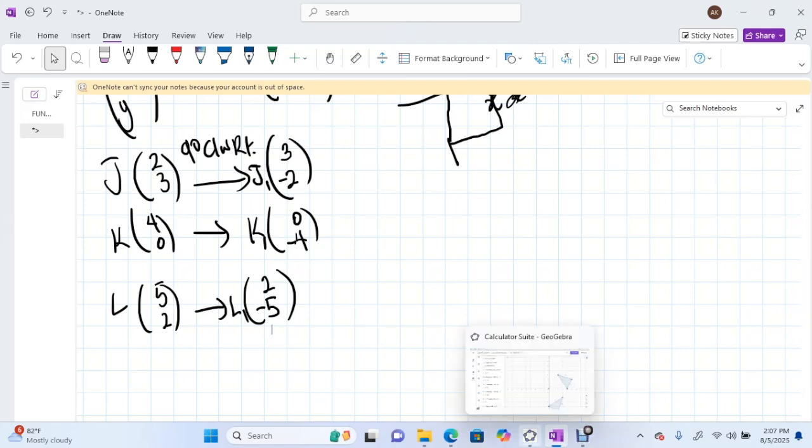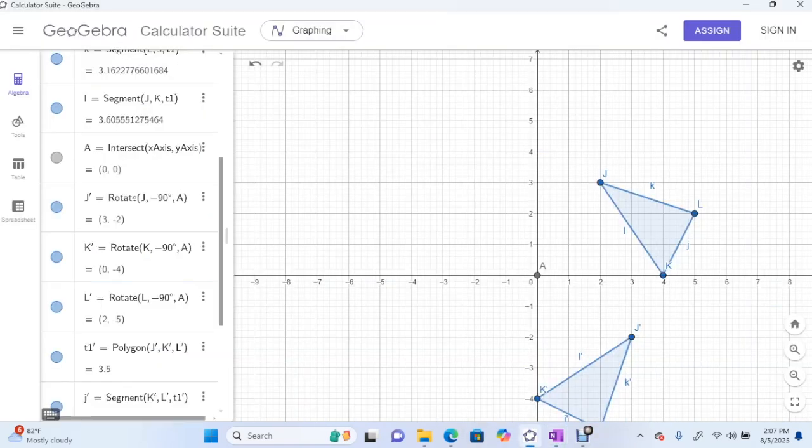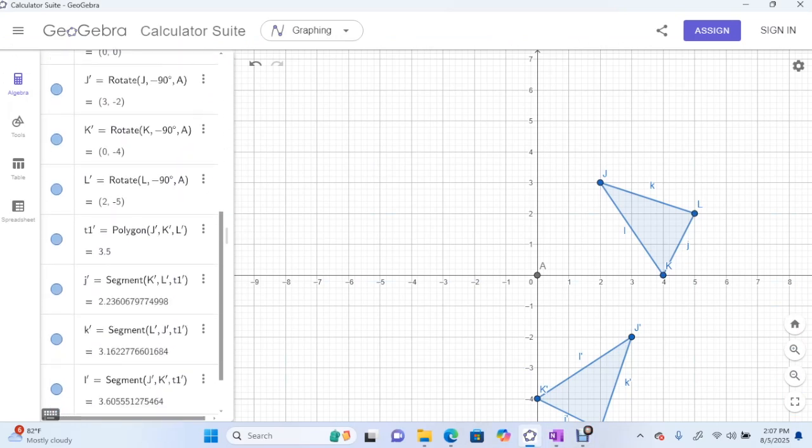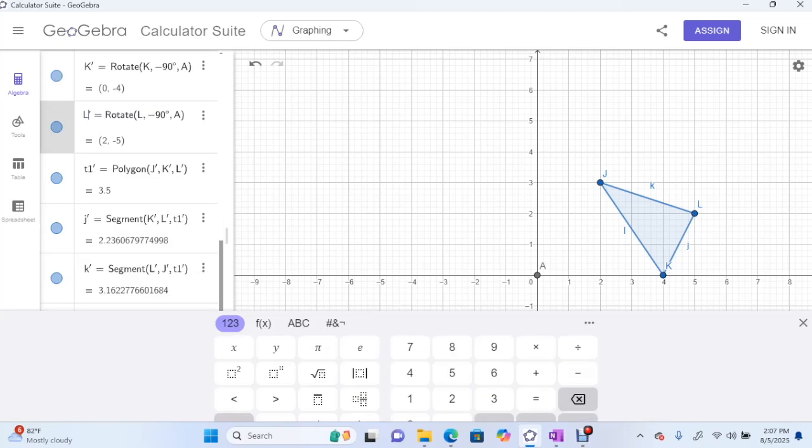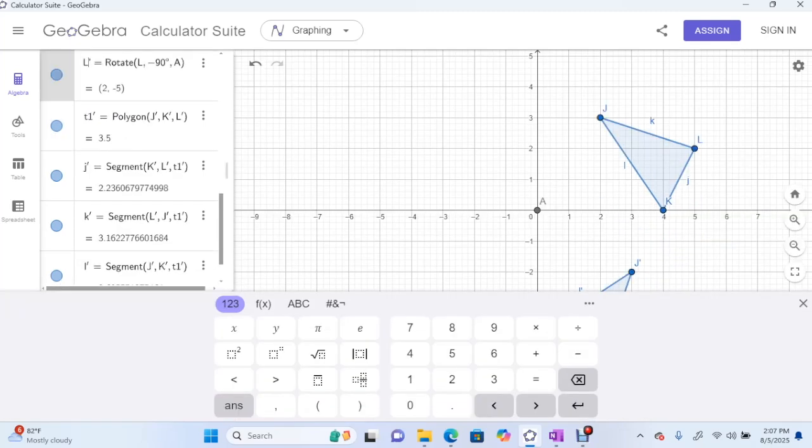I just want us to cross check the last one. Okay, 2, -5. I don't know why I said 4, -5. That's the last one, which is 2, -5. And that one is the point L1.